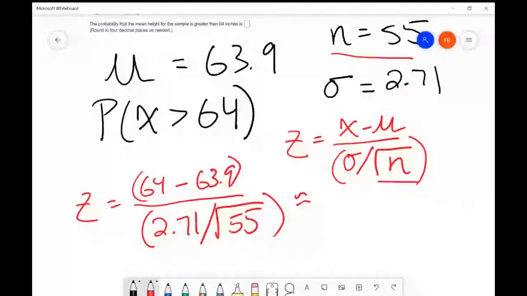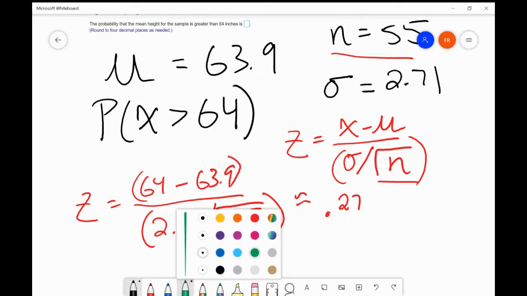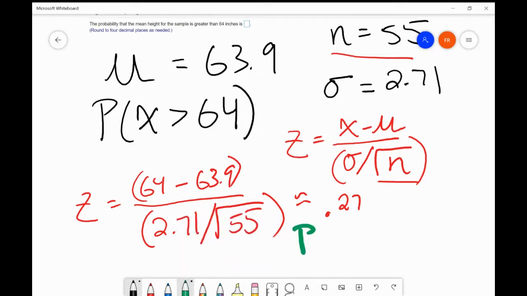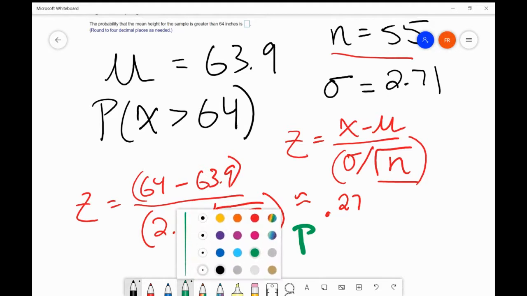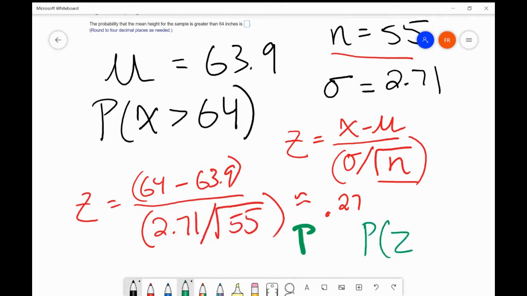We said the number we came up with was 0.27. Now what we're looking for is the probability that Z is greater than 0.27.